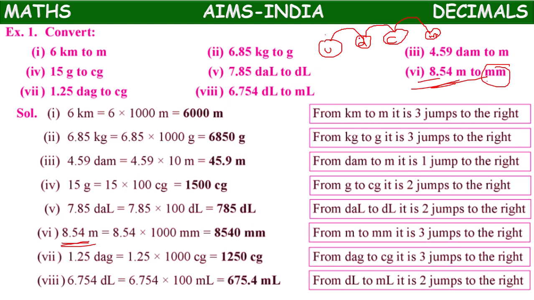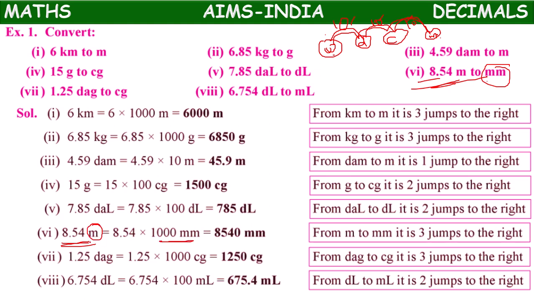So from unit to deci, 1 step, 10; 1 step, 10; 1 step, 10. Means from unit to milli, we have to move 3 steps. Means 10 into 10 into 10, 1000. So 1 meter equals 1000 millimeter.